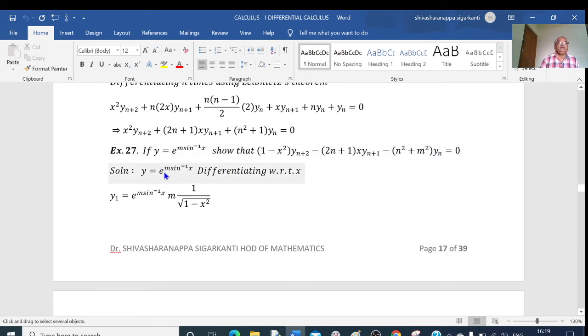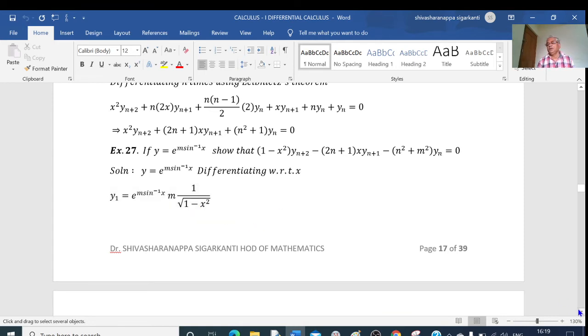Given that y equal to e to the power of m sin inverse x, differentiating this with respect to x, y derivative is y1 equal to e power of m sin inverse x derivative is e power of m sin inverse x into m sin inverse x derivative, m is a constant as it is, sin inverse x derivative is 1 by root of 1 minus x square.